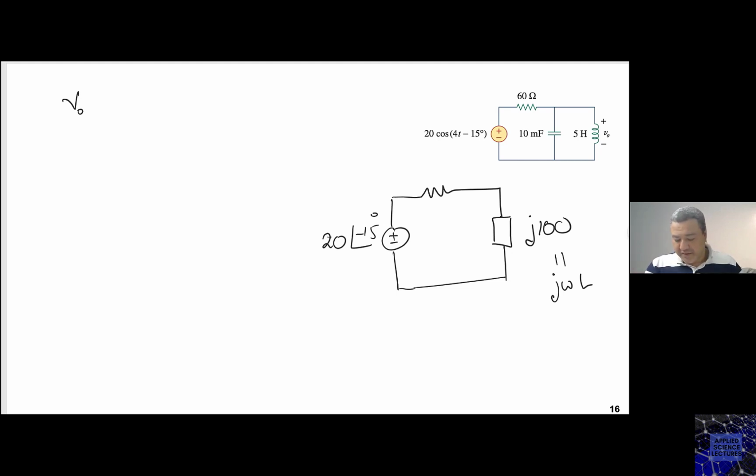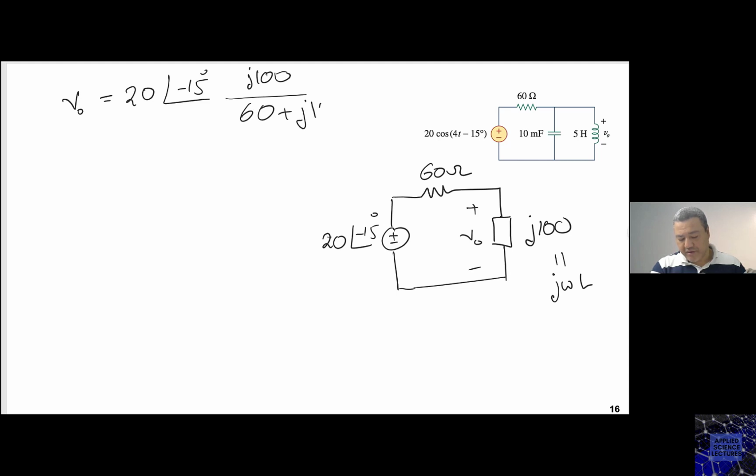So here we have 60, and now I need to find V naught, which is indeed a voltage division. 20 at minus 15 degrees times j100 over 60 plus j100, right? So I can simplify further.